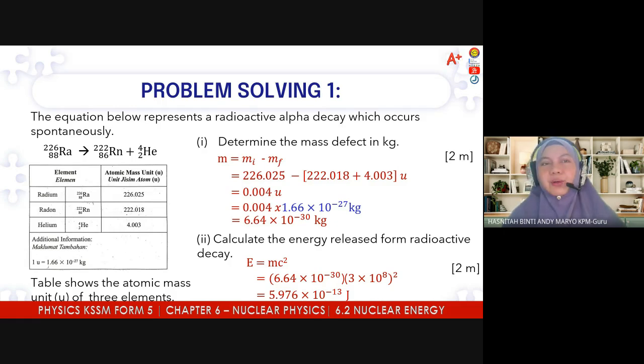You can follow the example in problem solving 1 to find the mass defect in kg. If you're done, you can type your answer in the in-call messages so we can compare, whether you get it right or not. I hope everybody's trying. Work with your calculator and familiarise yourself with this question.